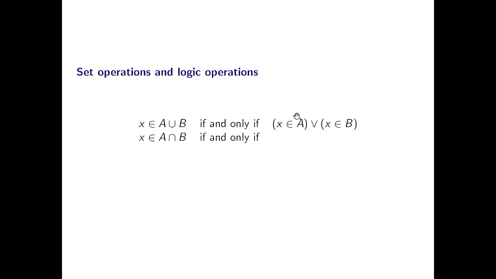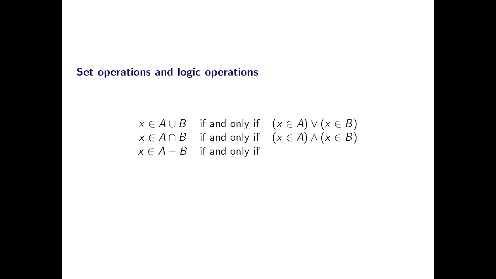Okay, so let's recap the connection between the set operations we've seen and logic. X is in A union B if and only if X is in A or X is in B. Good. So we can even use our logic notation if we like: X is in A or X is in B. In the intersection, if and only if what goes here?